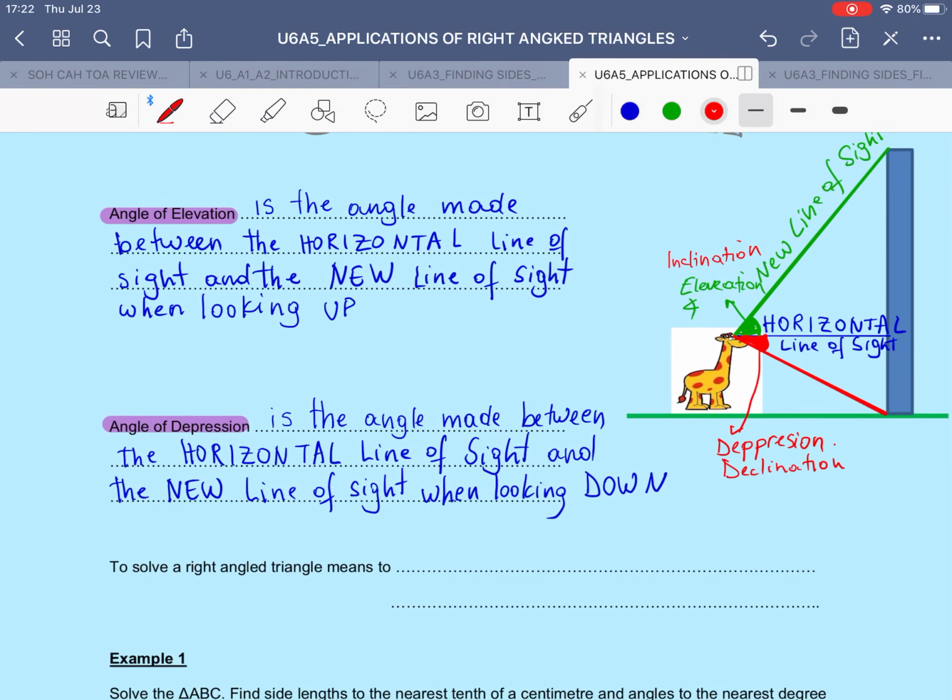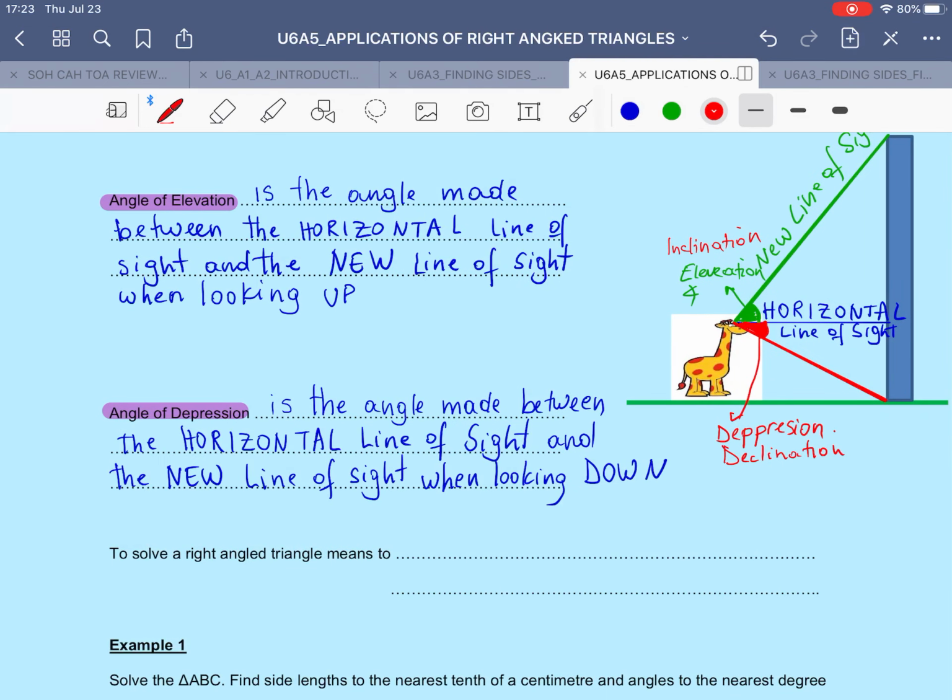Okay, the next thing is, what does it mean to solve a right angle triangle? Very often your word problems will say, solve this right angle triangle. And you say, but what do you find there? Well, what's to find in a right angle triangle? It's measurements. So the measurements are side lengths and angles.